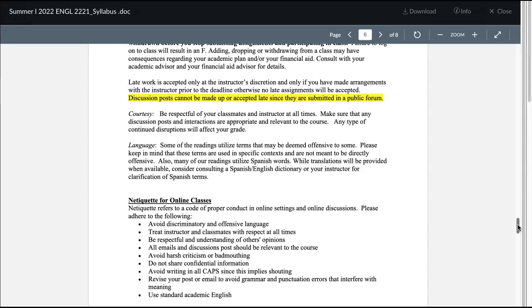But for mostly everything, I try to have readings that even if they use Spanish words, you can still figure out what they mean. And then other readings do translate the words for you. So I don't think that there's anything that people won't be able to understand if you're not a Spanish speaker. But in case there's any words or you have any questions about certain things, please let me know and I can go ahead and explain them to you.